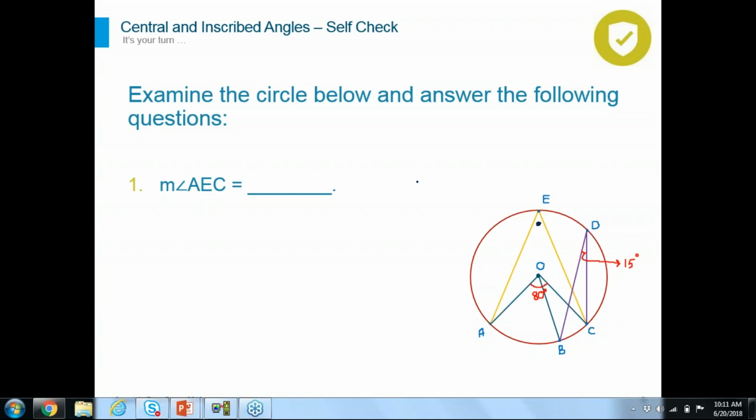Okay, let's change the screen then. You have the circle there. I hope that you did do the calculations and find the measure of the inscribed angle AEC. And here is the question.